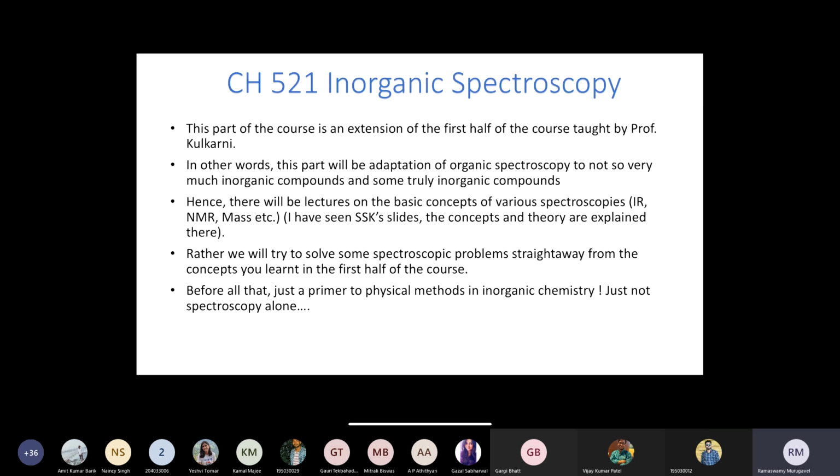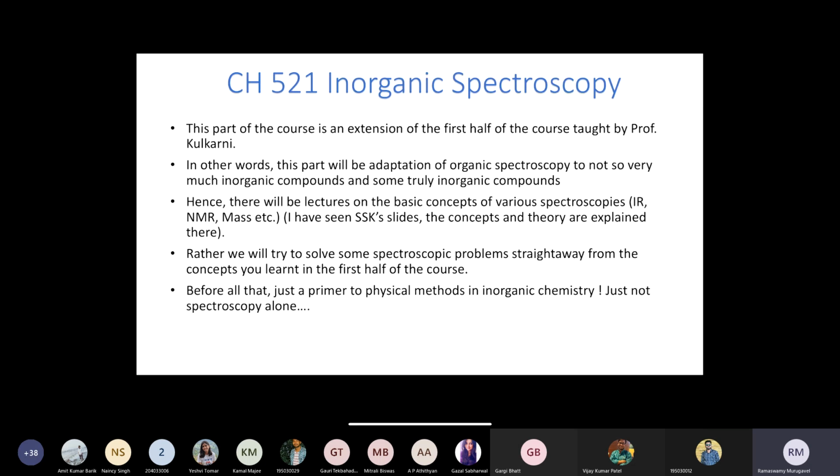Same thing for NMR, about the frequency, the spinning top. So I will not be touching upon any of these things which have already been covered, because it doesn't change too much from organic to inorganic in these spectroscopies. The concepts are essentially the same as what has been taught by Professor Kulkarni.